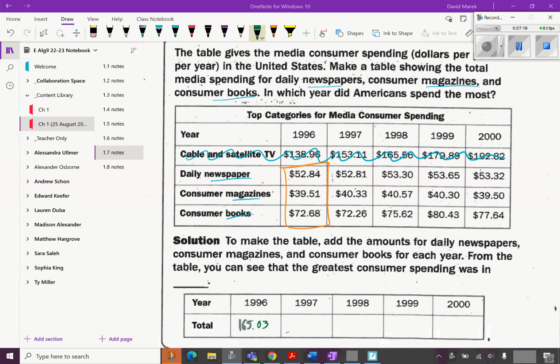So for 1997, that adds up to $165.40. Okay, very, very similar to 1996. 1998, it's $169.49. For 1999, $174.38. And then in the year 2000, $170.46.